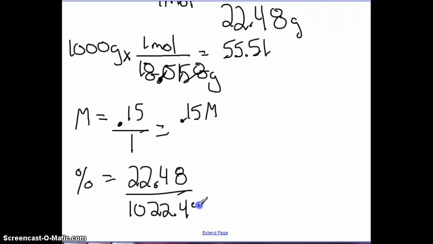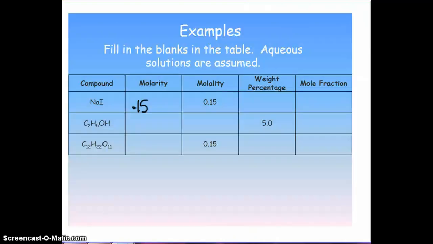And then we've got to multiply by 100. That gives us our weight percent of 2.2%. Okay, so we can go back and fill in our 2.2.